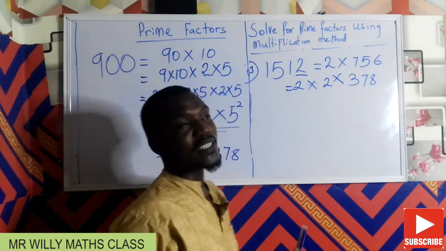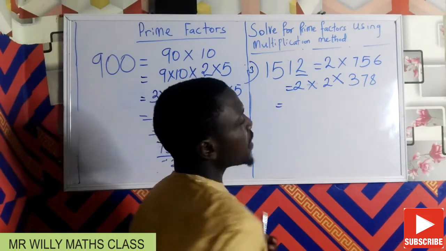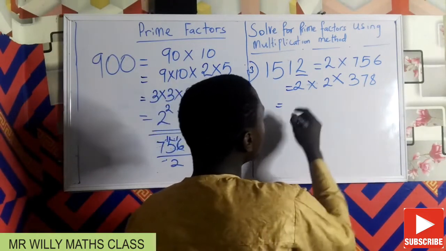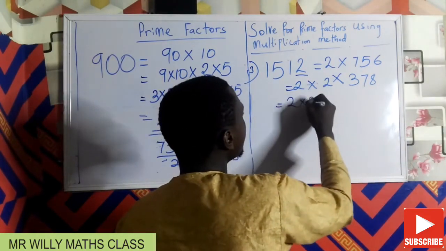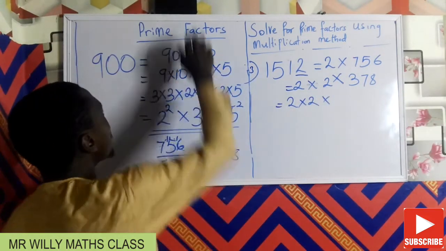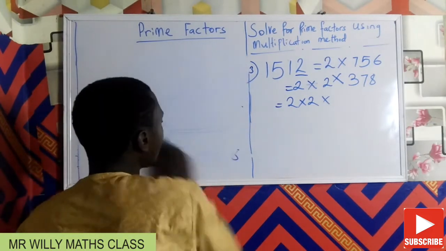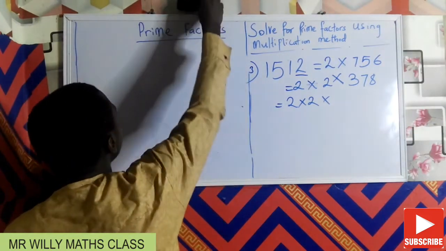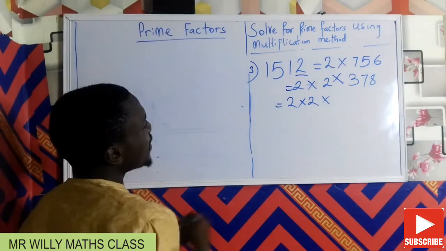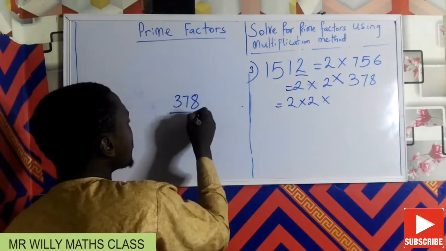Consider 378 is still a big number. So you keep looking for two numbers that if you multiply together, will give you 378. If you don't know, you can just divide 378 by a factor that can divide the terminal number, which is 8.